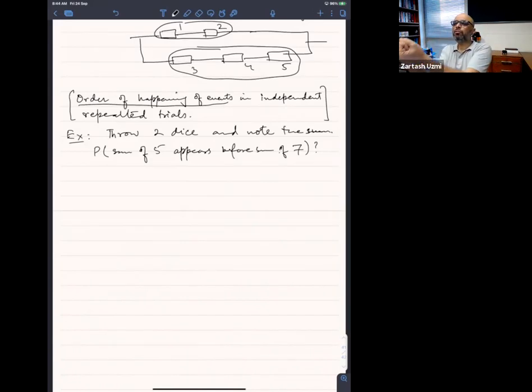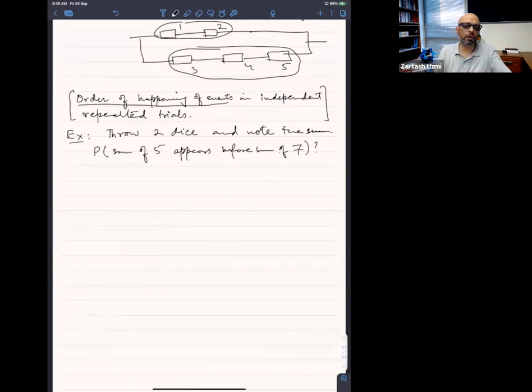Okay. So these two guys are fighting with each other. 4 and 6 are fighting with each other, कि कौन पहले आएगा. So if there are only 2 guys fighting with each other, intuitively मुझे ऐसा लगता है कि 4 और 6 जो हैं उनमें किसी को preference नहीं है. These are equally likely numbers.